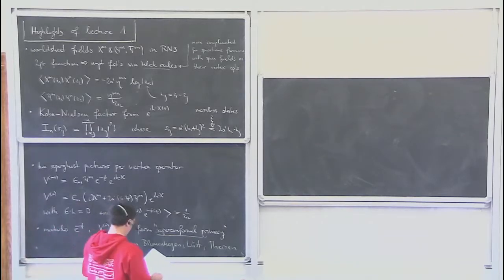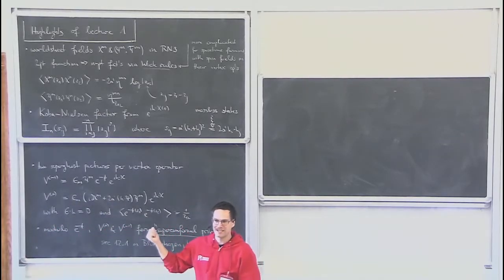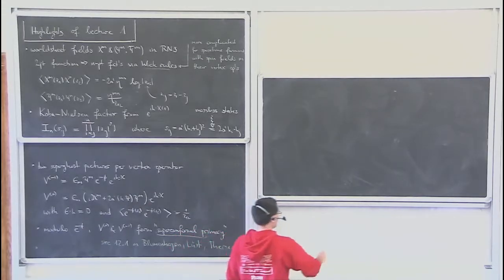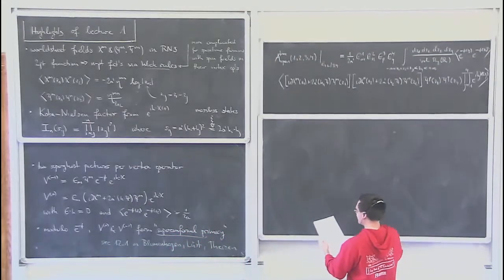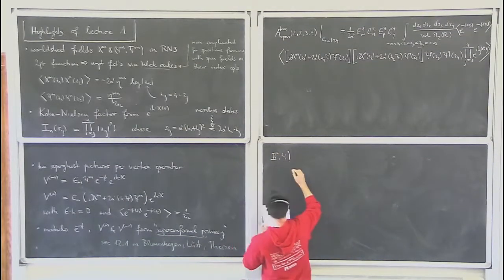Yeah, so this concludes the recap from yesterday. Unless there is a question on this right now, I will tell you how to put these things together to compute tree-level amplitudes. All right, so this will be section 2.4.